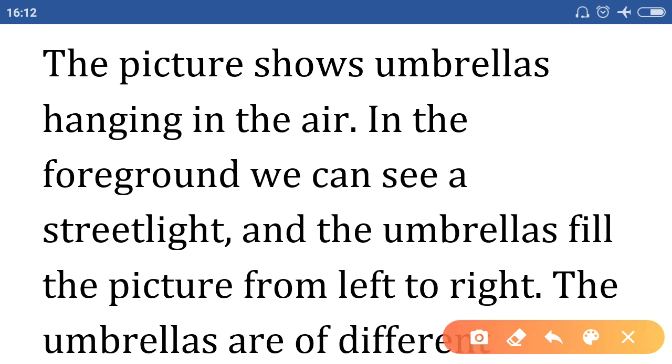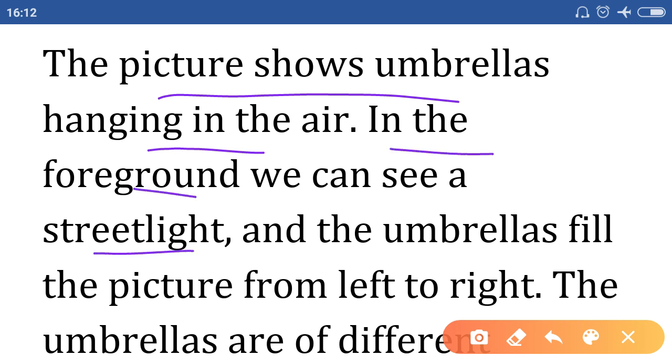Now the picture shows umbrellas hanging in the air. Of course, umbrellas are hanging in the air. In the foreground we can see a street light, which resembles a lantern. And the umbrellas fill the picture from left to right, the picture is full of umbrellas.